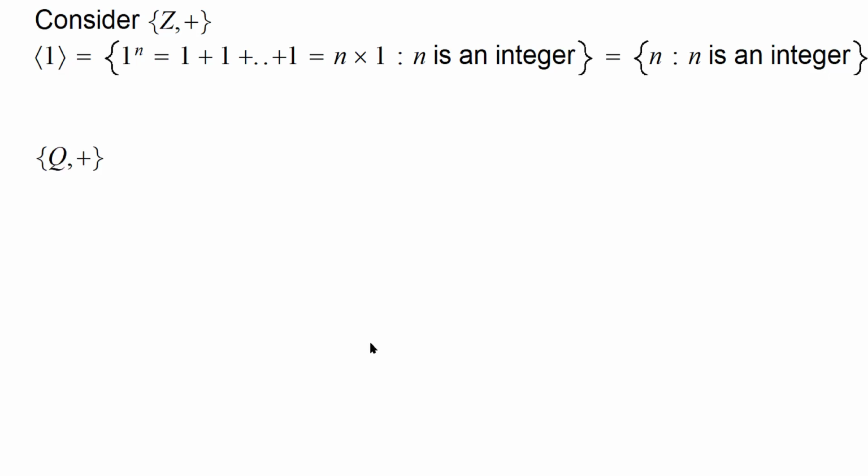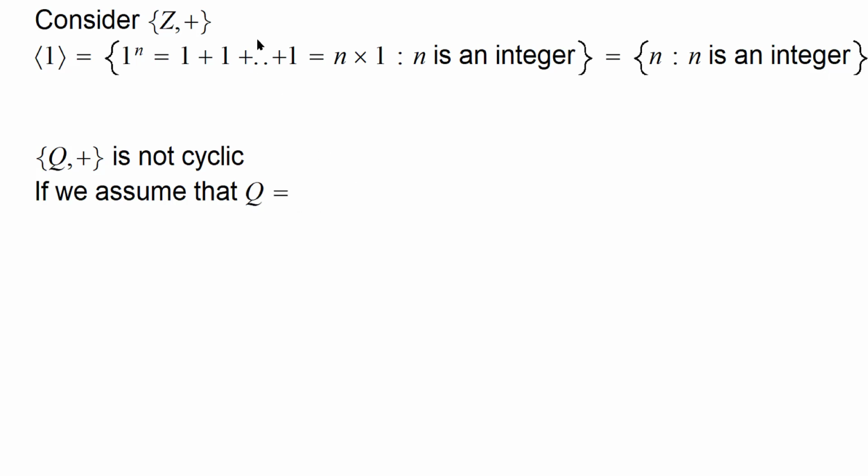Now, on the other hand, the group of rationals with respect to addition is not cyclic. For example, assume that Q is generated by a single element, and of course that element will have to be non-zero.